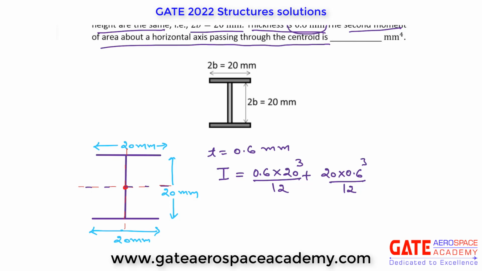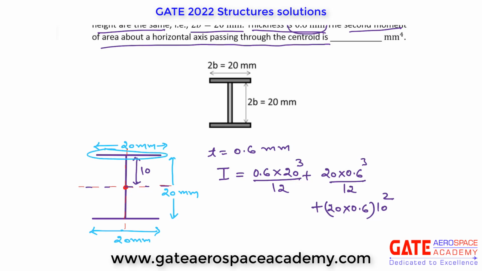So we can use parallel axis theorem. So that will be area into square of this distance, right. So its area is 20 into 0.6 into what is this distance, 10 mm. So 10 square, this is for one flange.